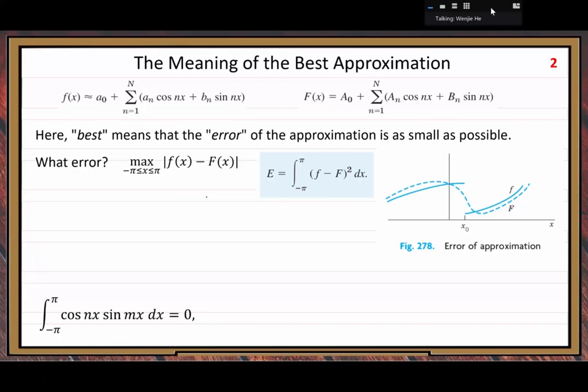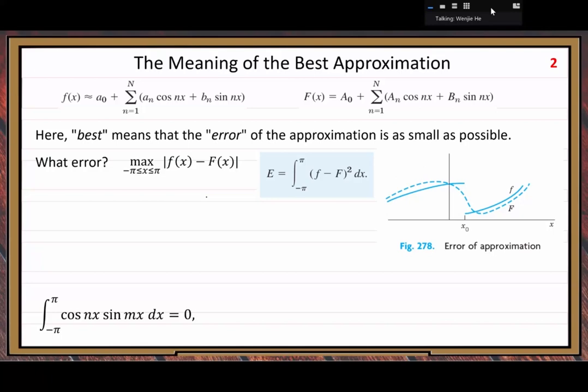We take the difference, then we square it, because when we look at the errors, positive and negative, we don't want positive and negative to cancel out. We want to accumulate positive and negative error. If they cancel out, then 0 would mean no error, so we don't want that.